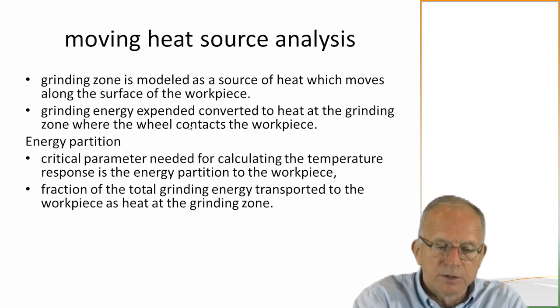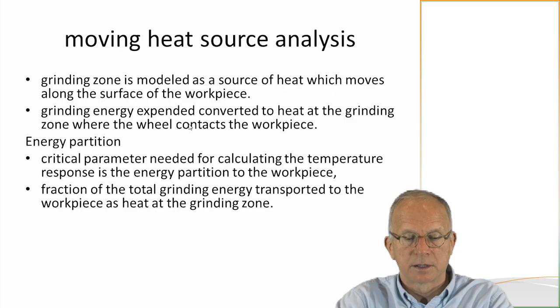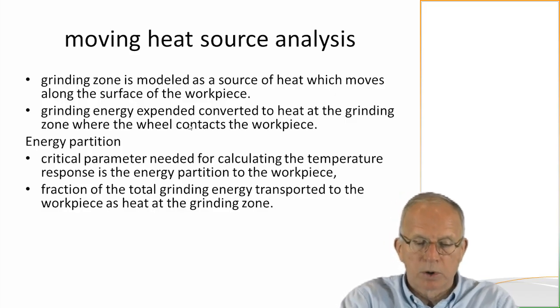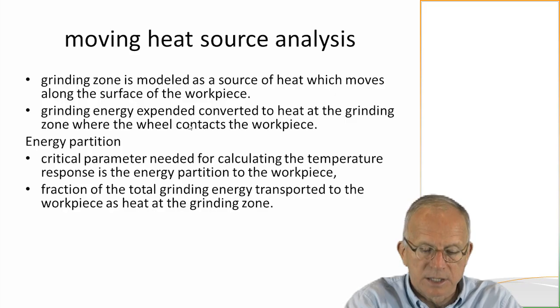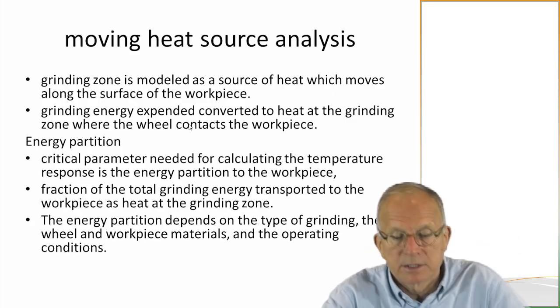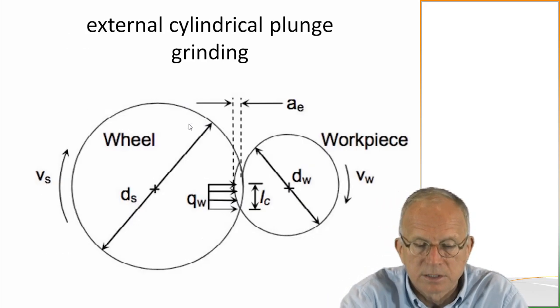So he introduced this energy partition a number of years ago, back in I think the late 1970s. So this is the fraction of the total grinding energy that's transported into the workpiece as heat in the grinding zone. And naturally this depends on the type of grinding, the wheel, the workpiece, and the operating conditions.